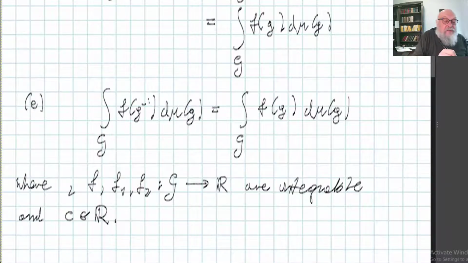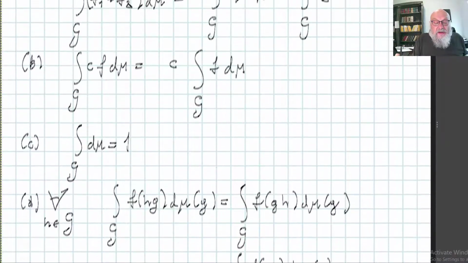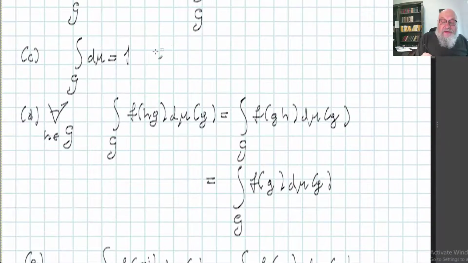Now let me point out the properties expressed here. This property means nothing else than that mu of the whole group G is equal to 1, that is, the measure is normalized.